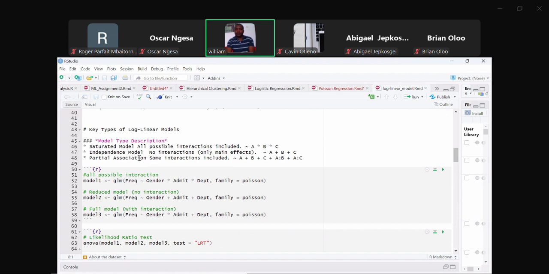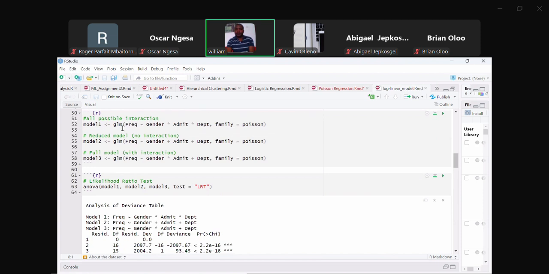And then we have partial association, meaning some independent variables are not linked, and some are linked to one another, like for example, here we have A and B and A and C. If you look at this code, we did 3 models at a go. We have one with all interactions, and our dependent variable is frequency. And then we also have no interaction. This one here is just using a plus.